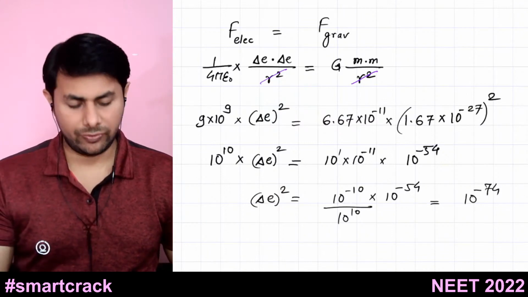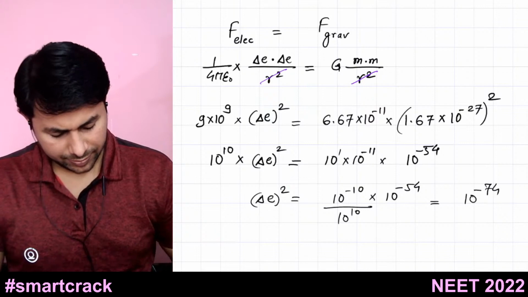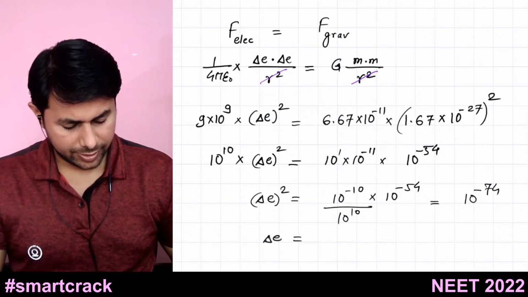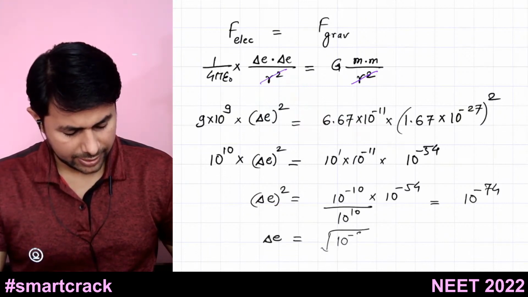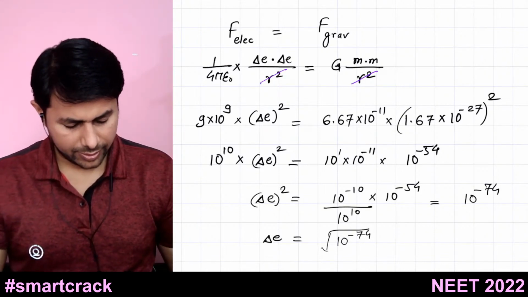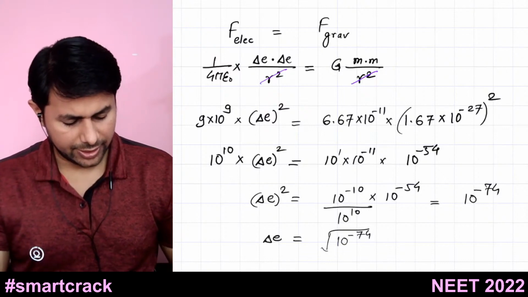We want delta E, so it will be the square root of that. So delta E is equal to the square root of 10 raised to minus 74. So that will be how much? 37.